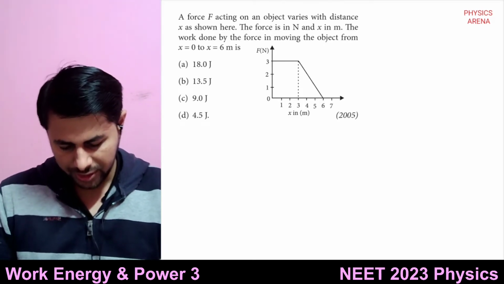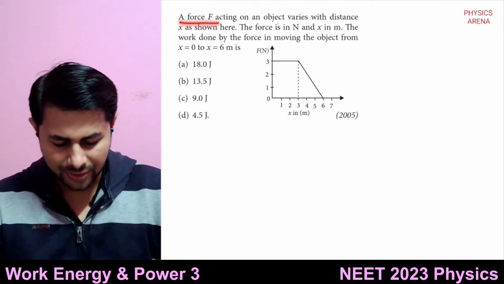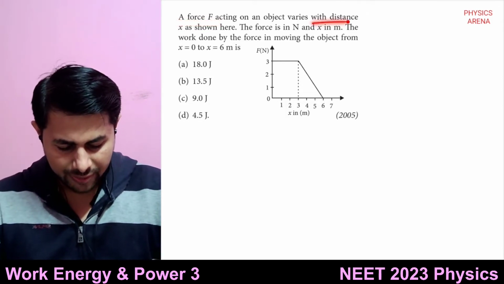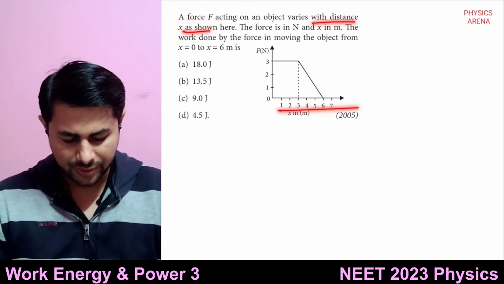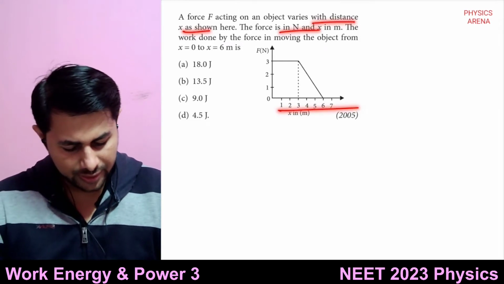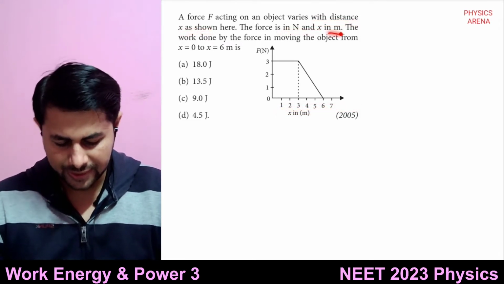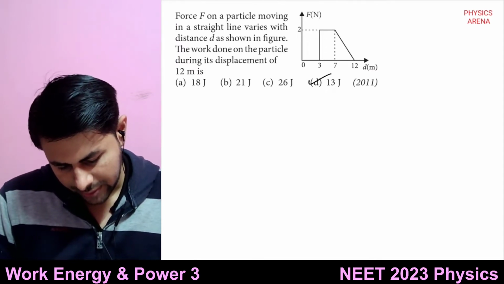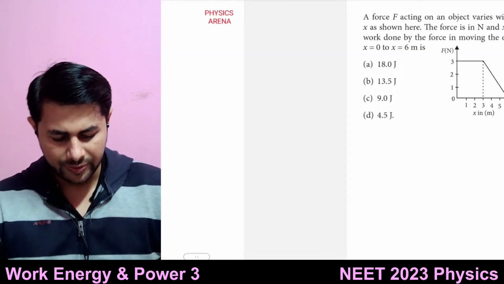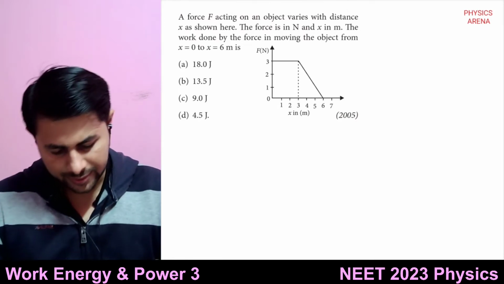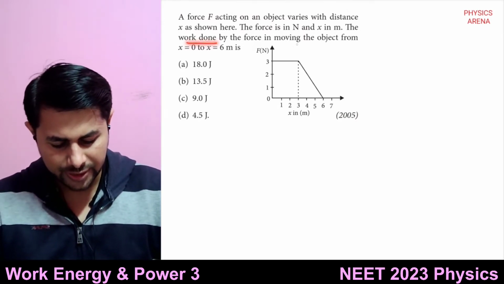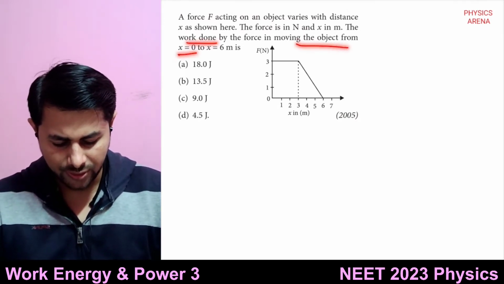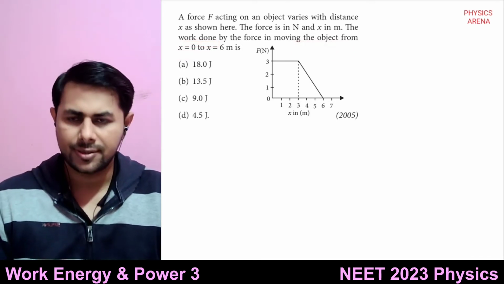So this question: a force acting on an object varies with distance x as shown. The force is in Newton and x is in meter. Was it given in the last question? Yes, so units were given along the x and y axis. The work done by the force in moving the object from x equal to 0 to x equal to 6 meters is.